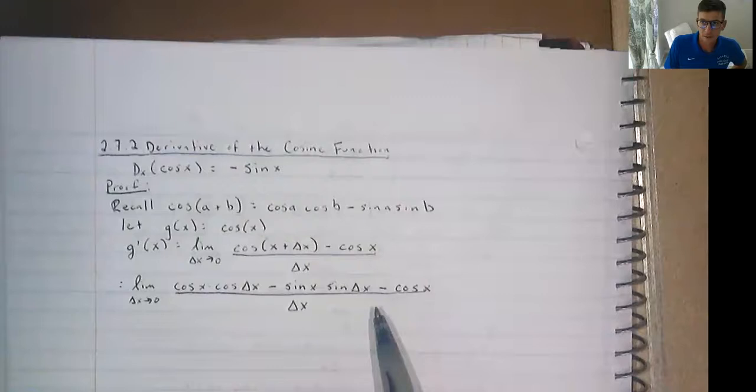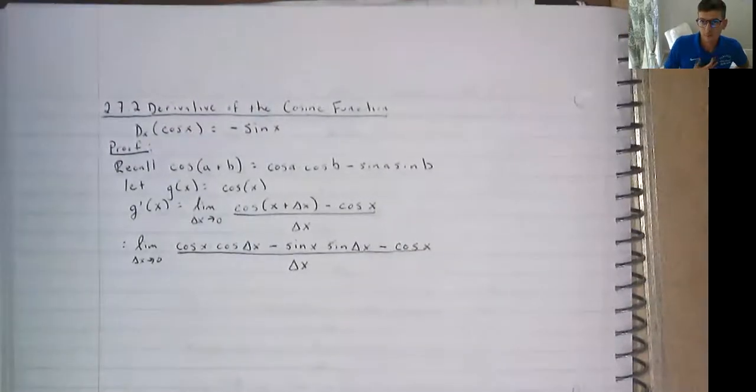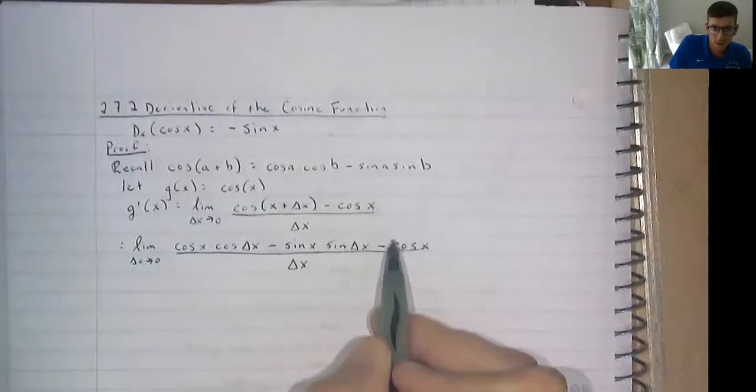We're going to do a similar thing as with our previous proof. We're going to rearrange a little bit so that we start to approach a form that is better for us. And so we're going to move this negative cosine of x over here and kind of swap these two things. This will be the limit as delta x approaches 0.